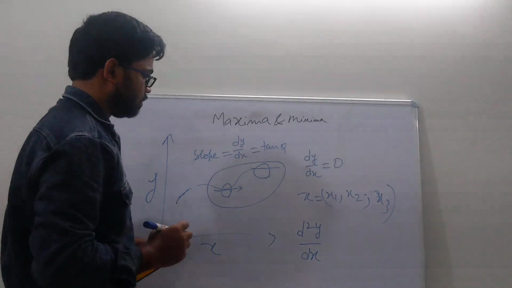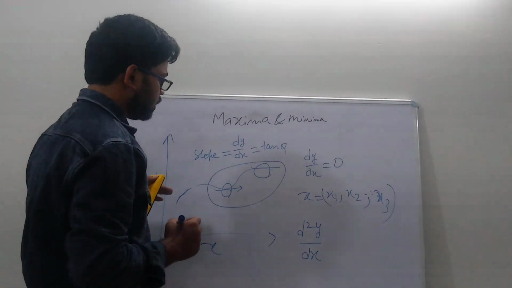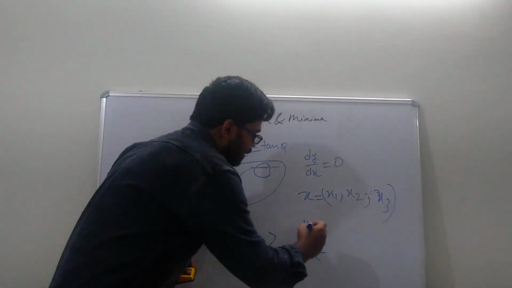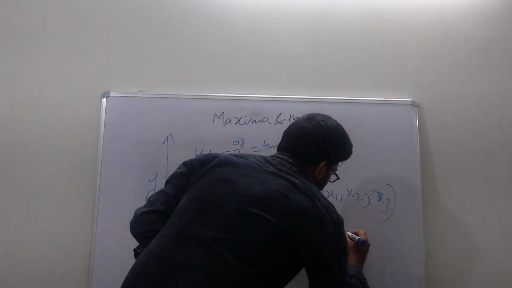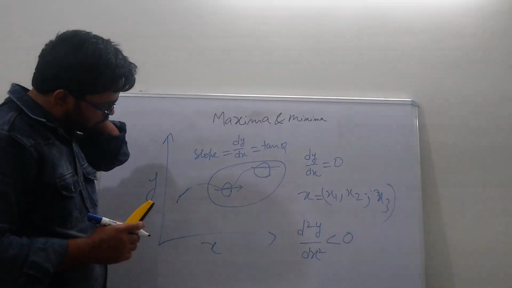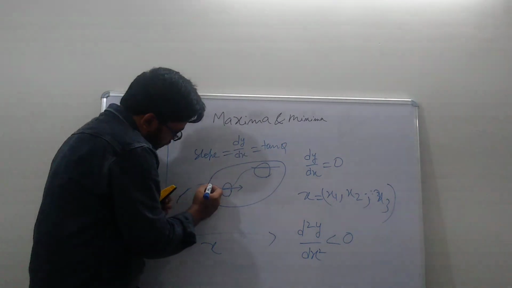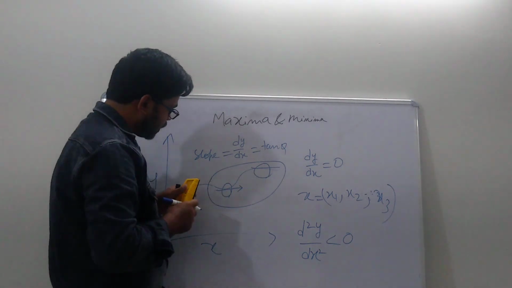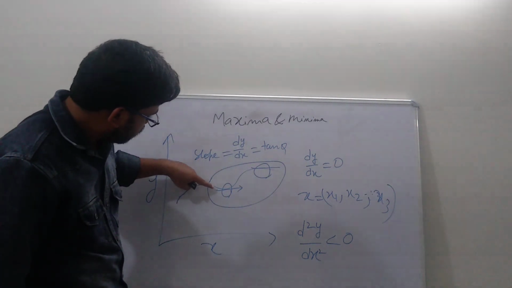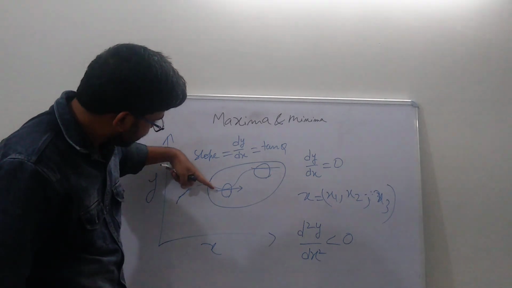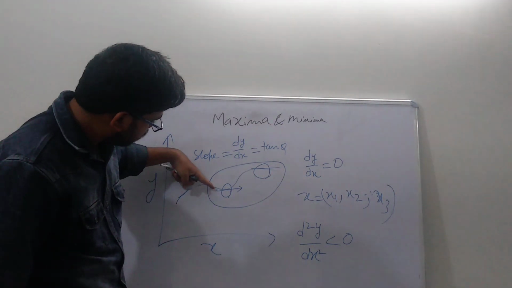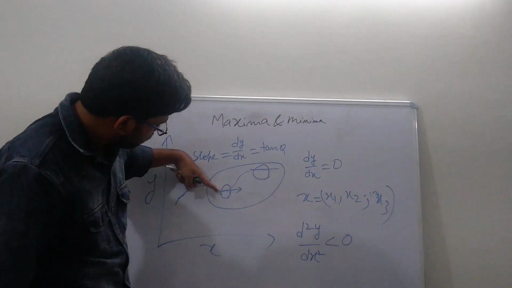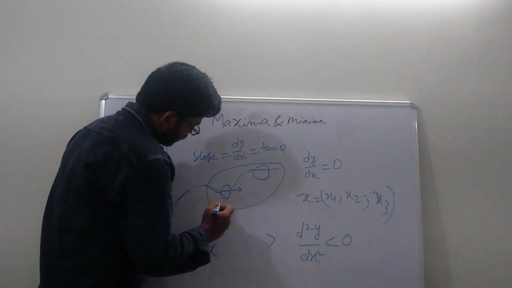d2y by dx2, and if it is less than 0, what does that mean? It is the derivative of the derivative. We have seen that the slope was initially like this, a negative slope.